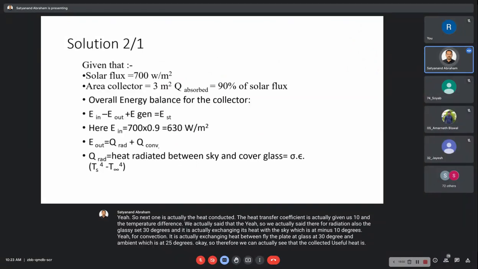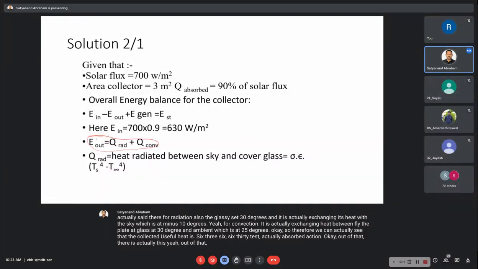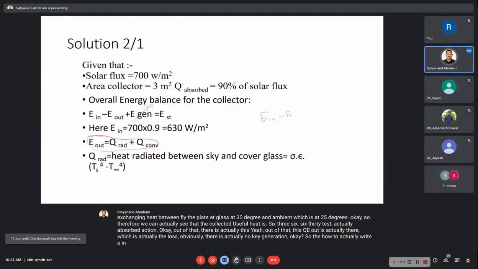So we can see that the collected useful heat is 630, which it has absorbed. Out of that, this Q out is the loss. Obviously, there is no heat generation. So we have to write E in minus E out is equal to E stored.